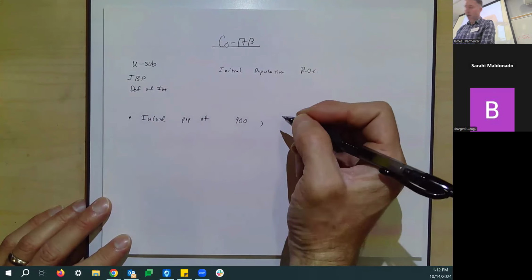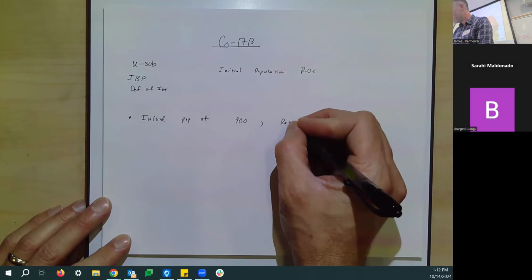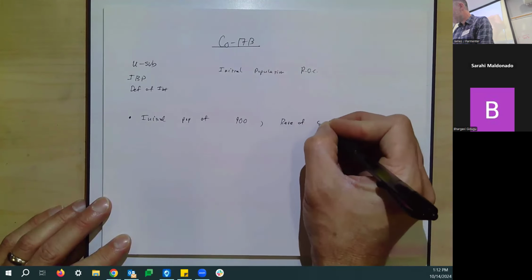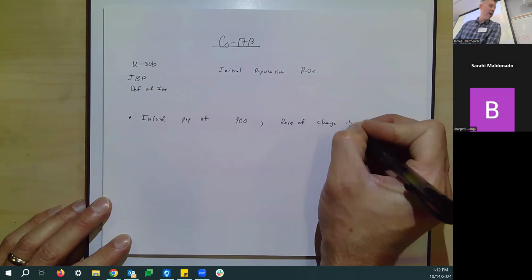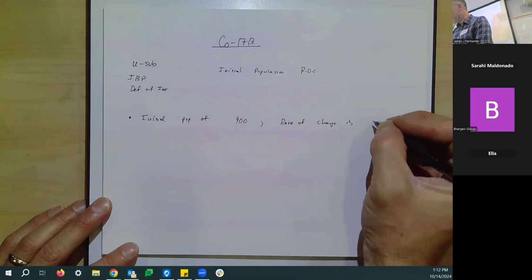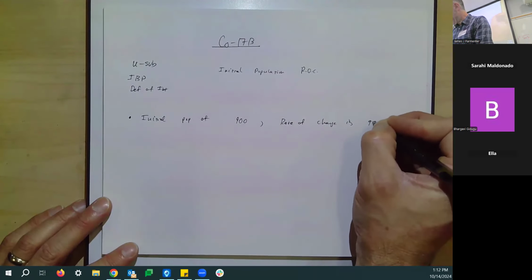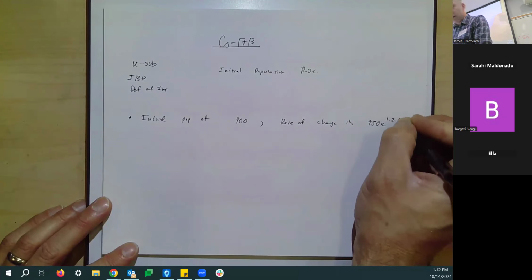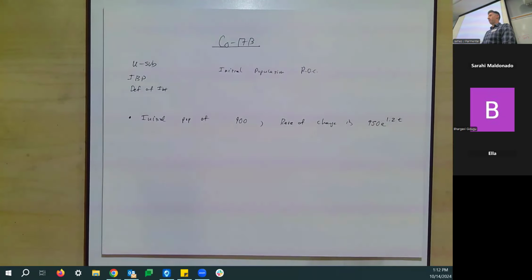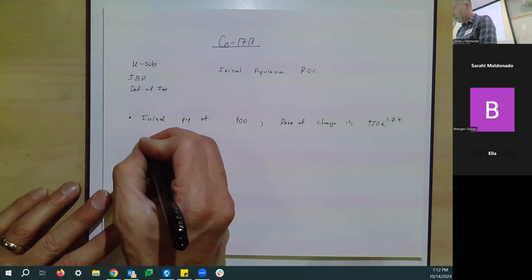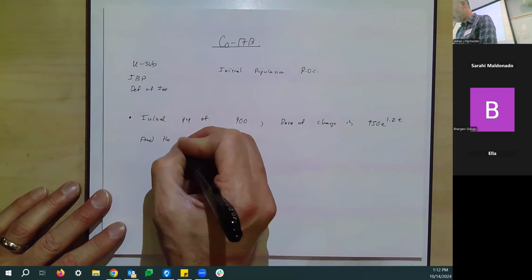And then we're told that the rate of change is 950 e to the 1.2 t. It was actually something like 948 point blah blah e to the 1.10 grossness t. And then we're asked to find the population 2 hours later.